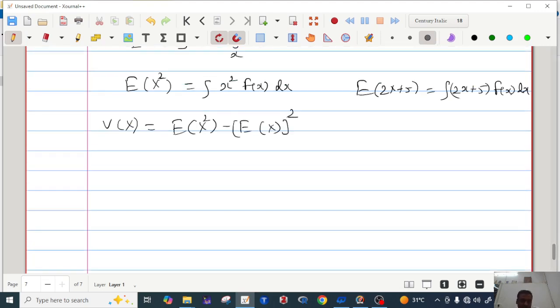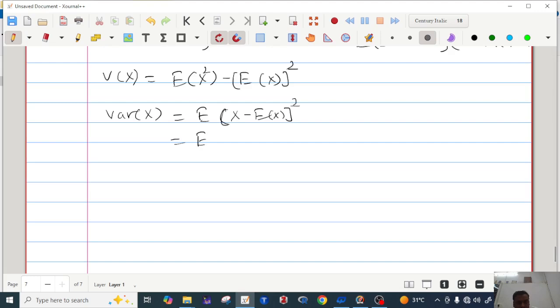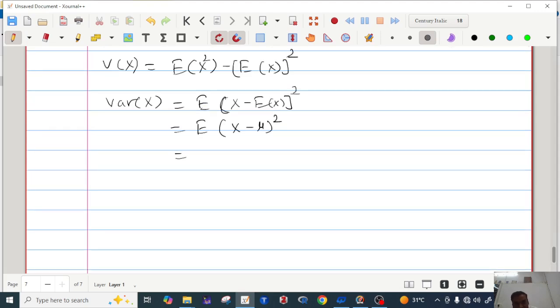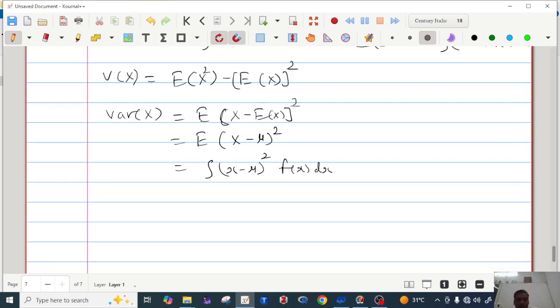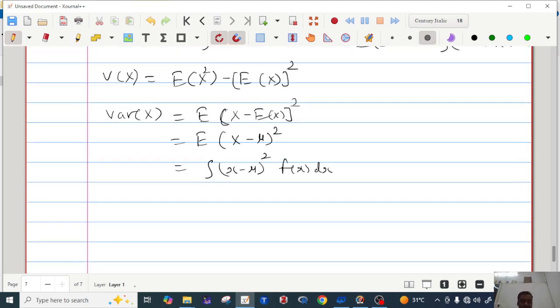In this way we can find the variance. And if we want to see it with the proper definition approach, we can also do that. The definition of variance is E of (x minus E of x) square. Suppose E of x is mu. So you can obtain the variance by solving this formula as well, by this definition approach.